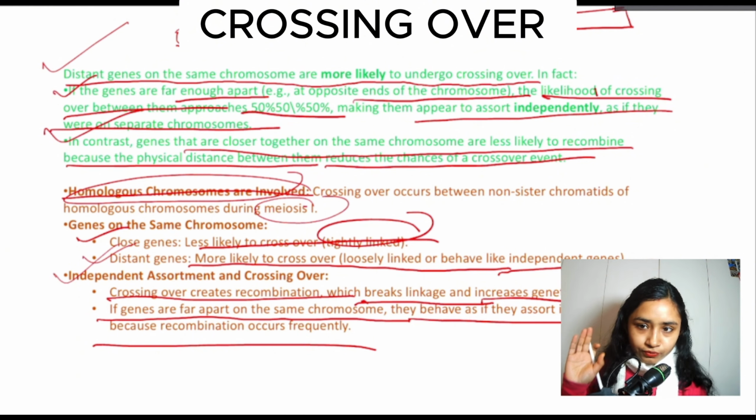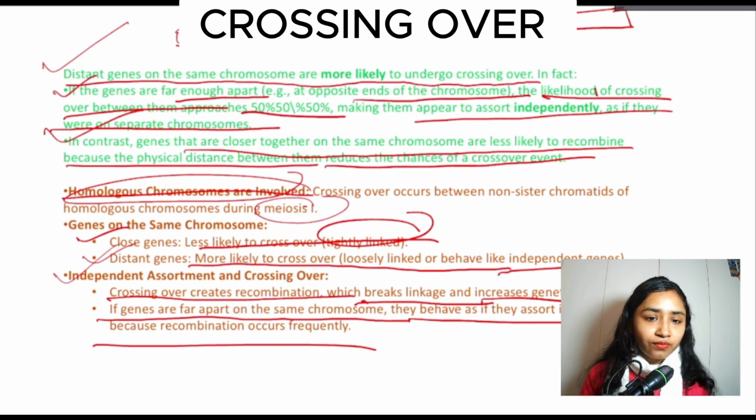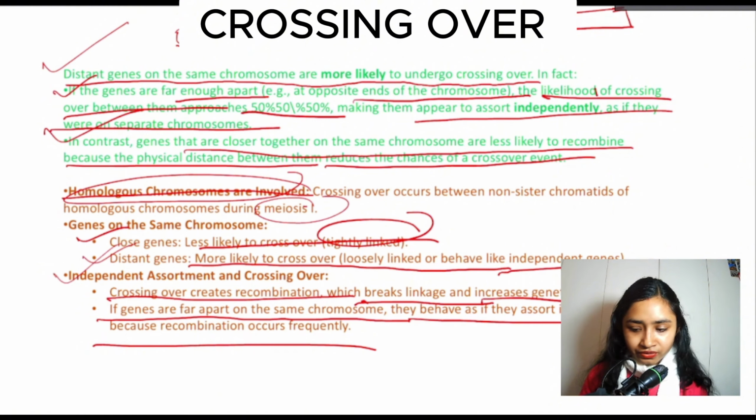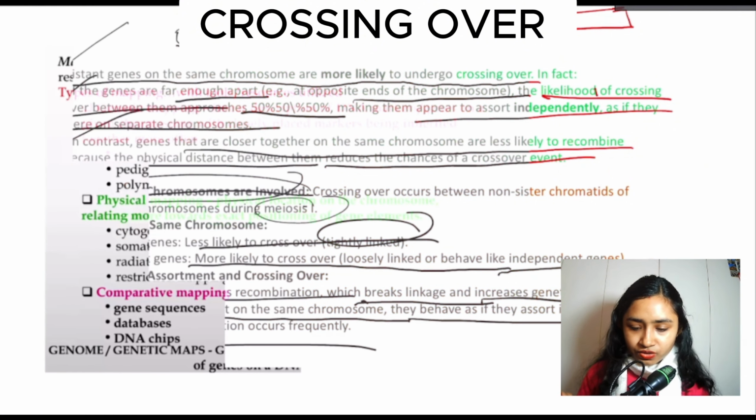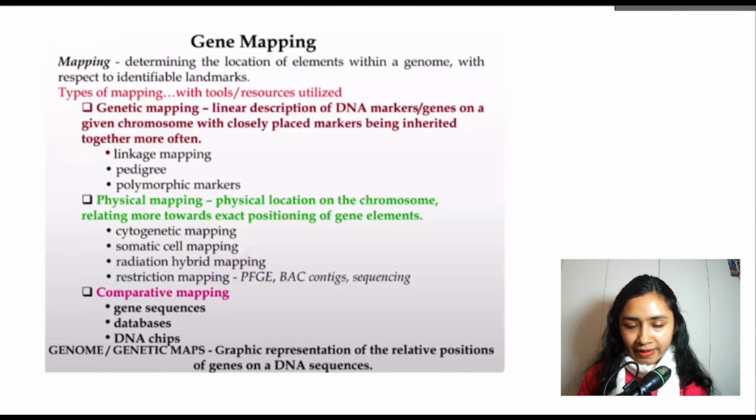To understand gene mapping, you first need to understand what linked genes are, what crossing over is, and where crossing over occurs. I hope you understood. Now coming to gene mapping, there are three types: genetic mapping, physical mapping, and comparative mapping.